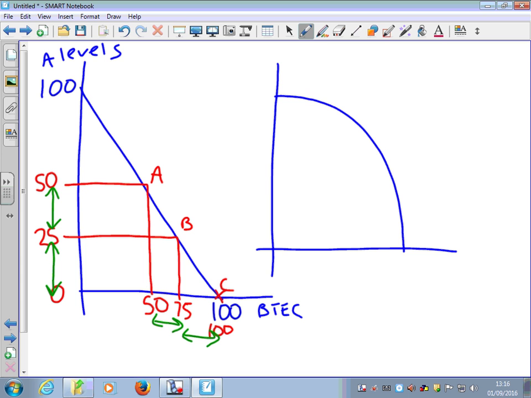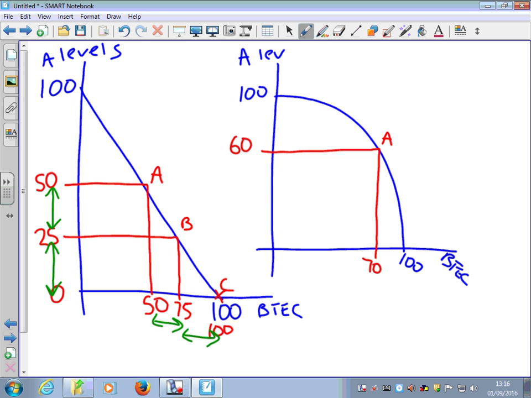Go for a curved one now. So we've got the A-levels, and we've got the BTEC. Let's imagine again we can produce a maximum of 100 A-level and 100 BTEC. Let's imagine we're somewhere like this. So based on the numbers I've got here, 60 against, let's say about 70.